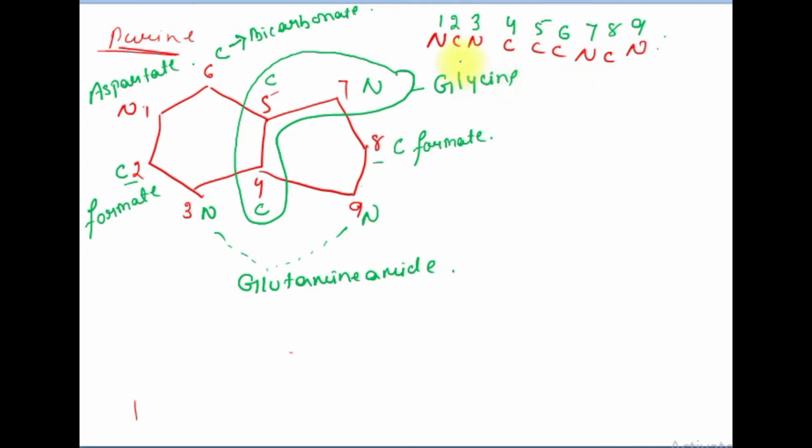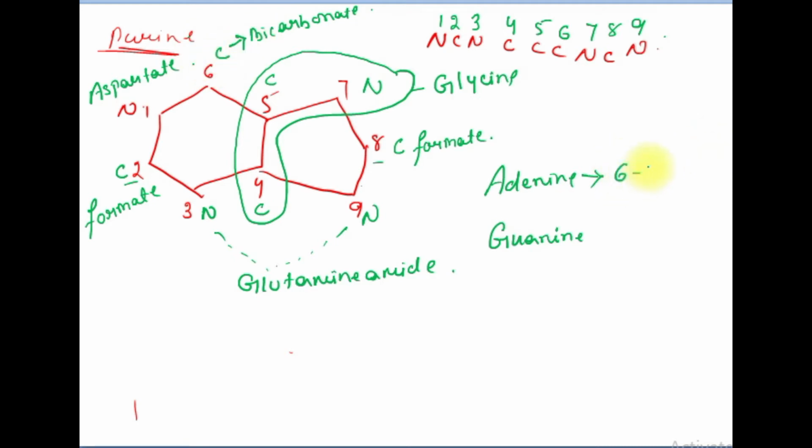Now, when we talk about purines, another thing we will discuss is adenine and guanine: in which position the NH2 group or the O group is present, and what the structure of adenine and guanine is. In adenine, at the sixth carbon, one NH2 group is present.